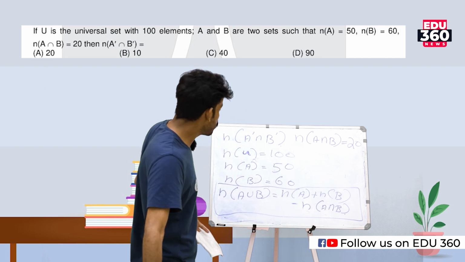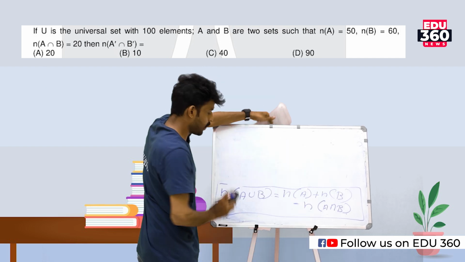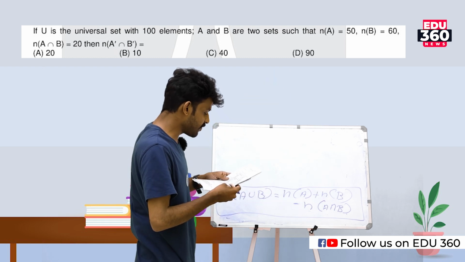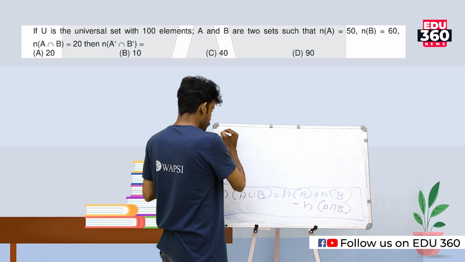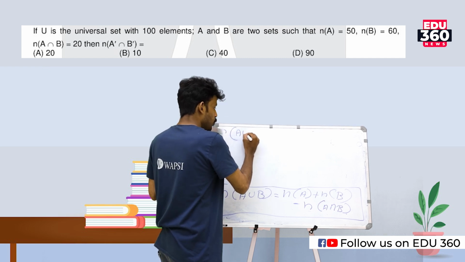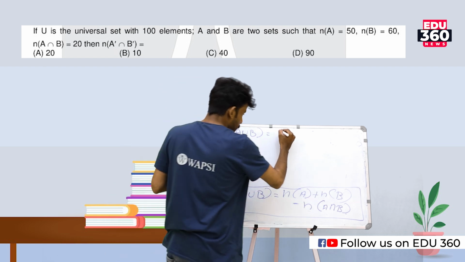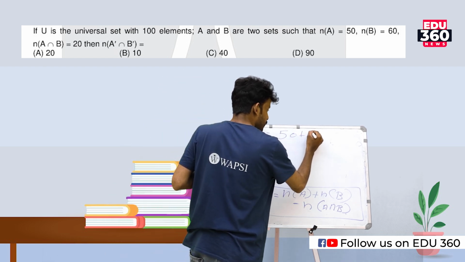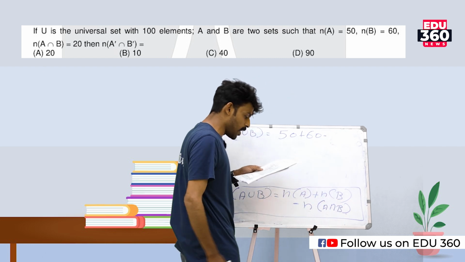So n of A union B is equal to n of A, that is 50, plus 60, minus n of A intersection B, the value is 20.